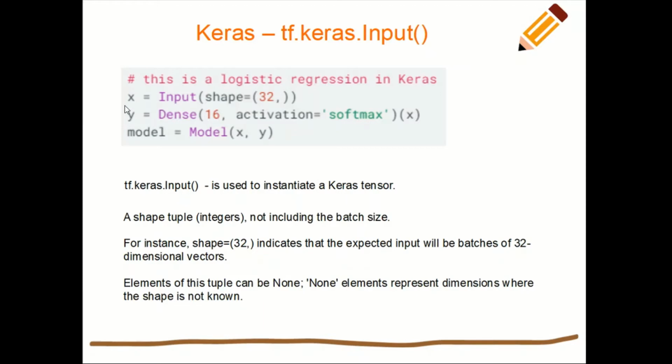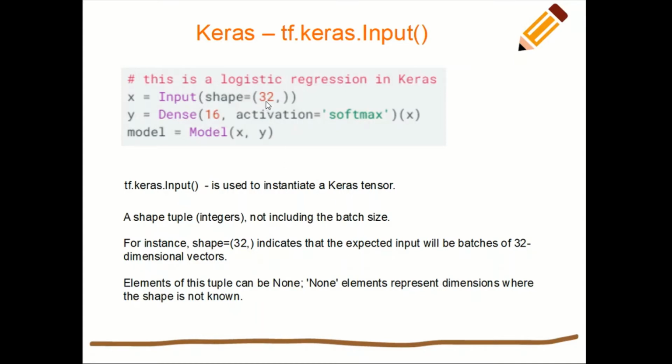Just to take a simple example, as you can see here, it is Input, and one of the attributes to this call is shape. The value that we see here, a 32-dimensional single-dimensional vector, indicates that the expected input will be batches of 32-dimensional vectors.